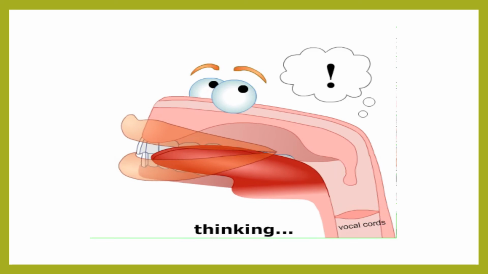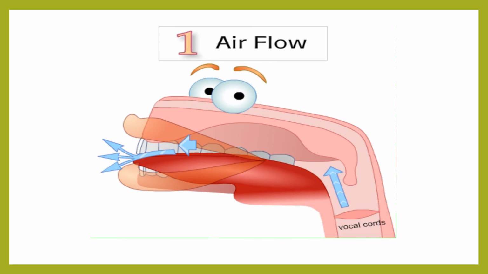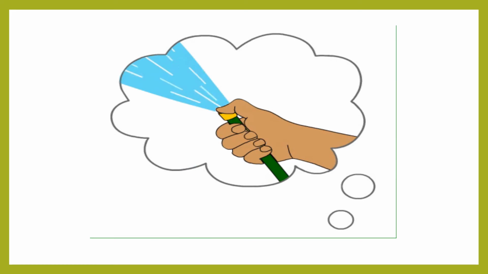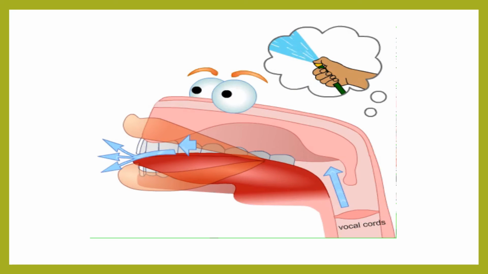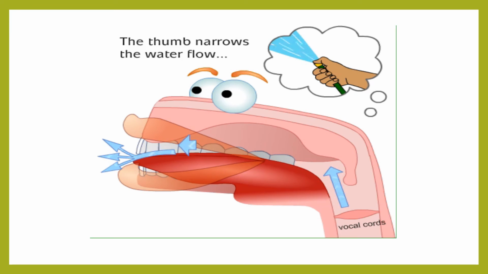Thinking. Airflow. The thumb narrows the water flow, like the tongue and teeth narrow the airflow.